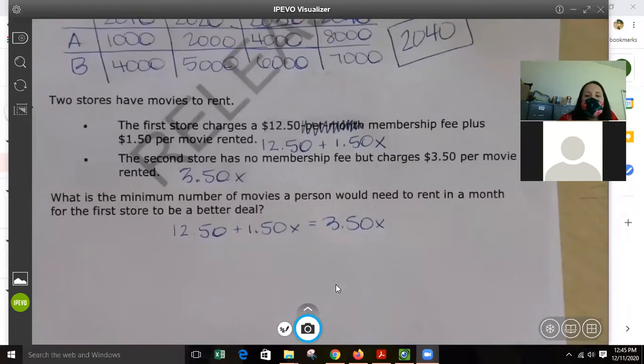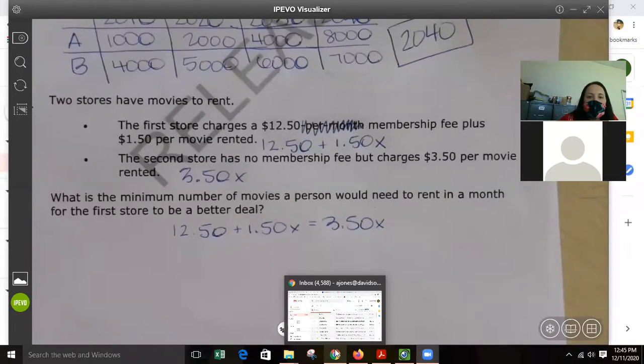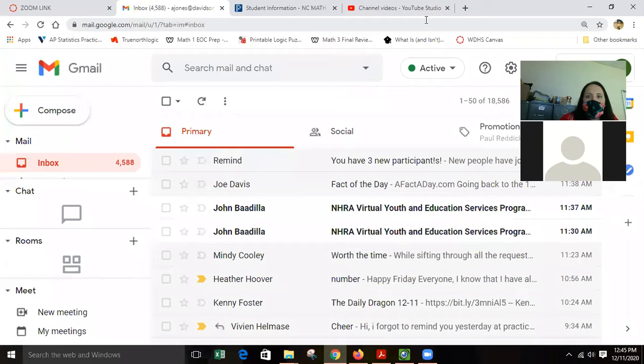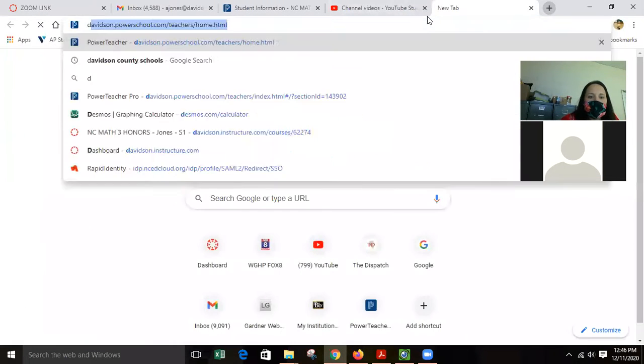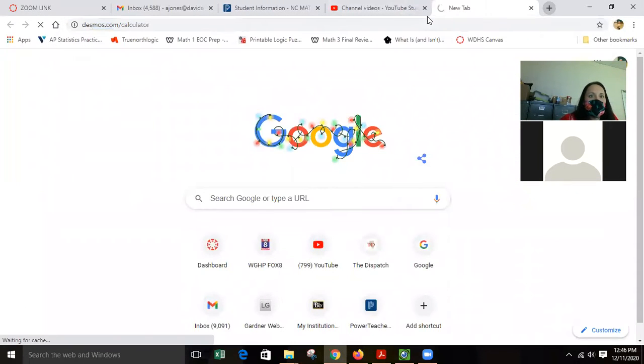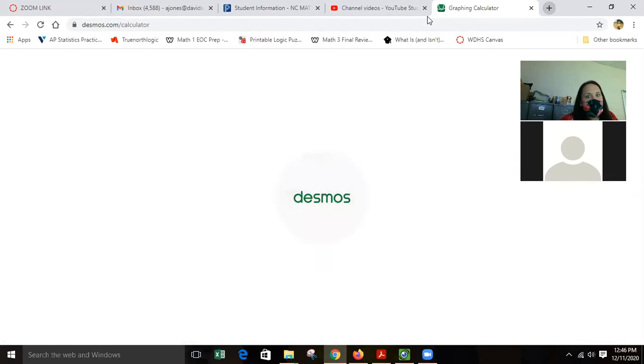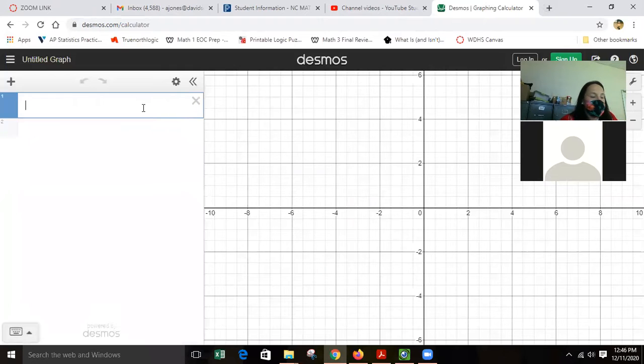All right, so I'm going to go on my Desmos calculator. You could solve this by hand, and that would be fine. It's up to you. But I just like showing you on Desmos more and more. Internet's been kind of slow today here, so just FYI. We have $12.50 plus 150x.